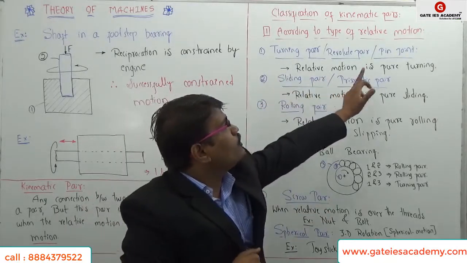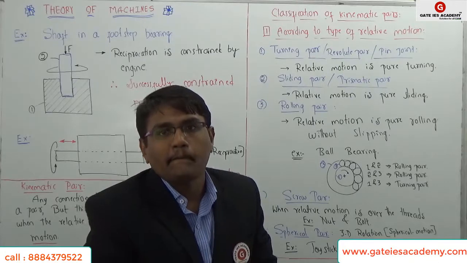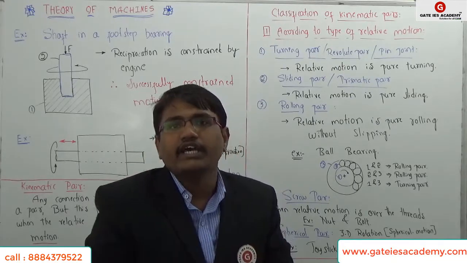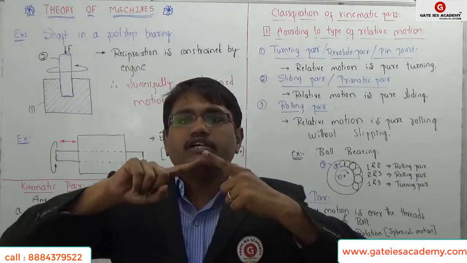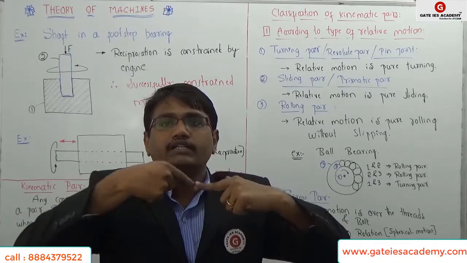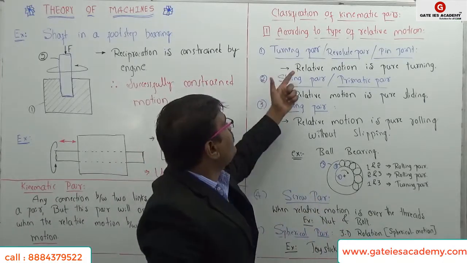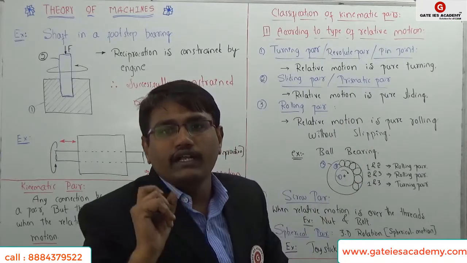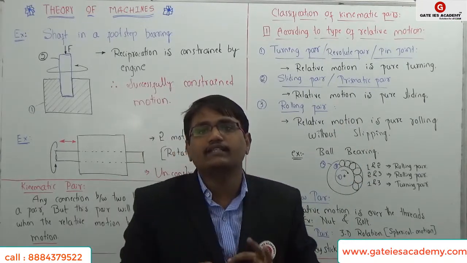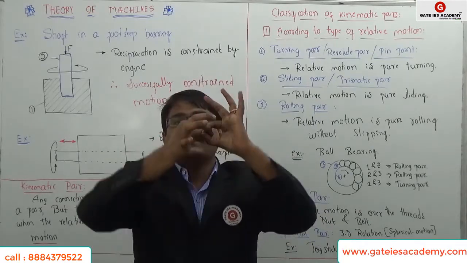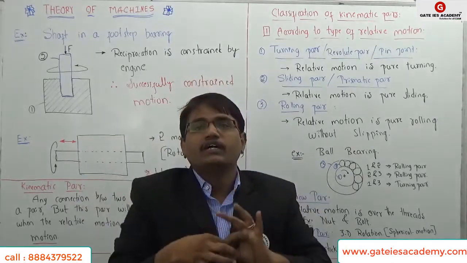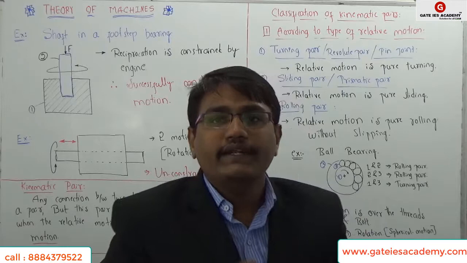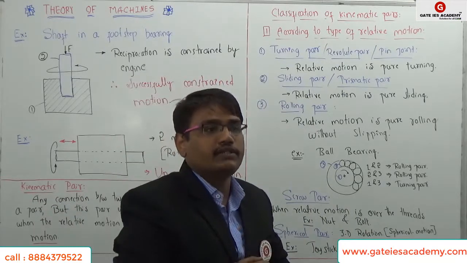Turning pair or revolute pair or a pin joint. You have already seen the hinge joint or pin joint. If it is joined by a pin joint, there is only one motion which is possible, that is pure turning motion. One link turns inside the other link, like this pin joint connected, right? One link can only turn inside the other link.